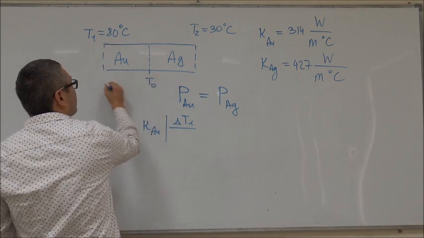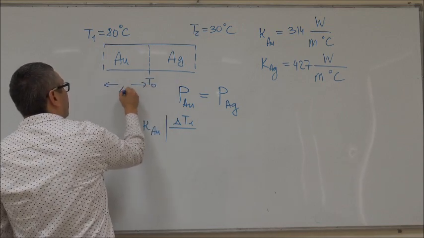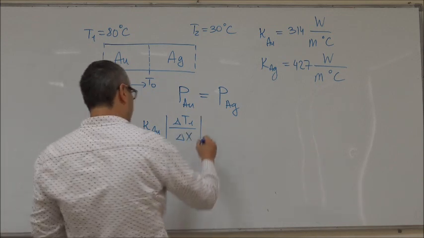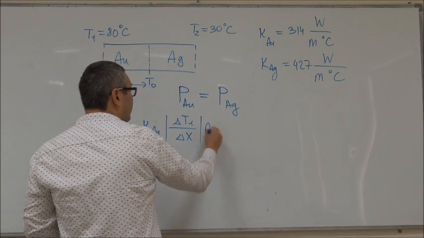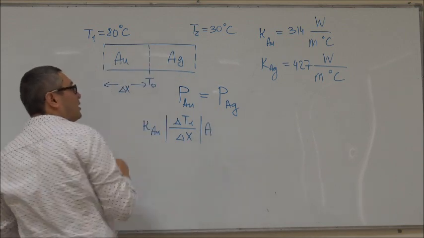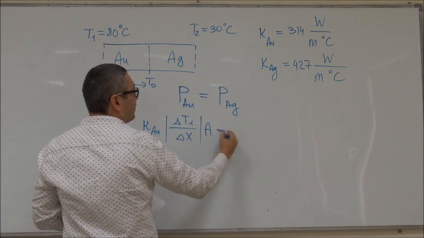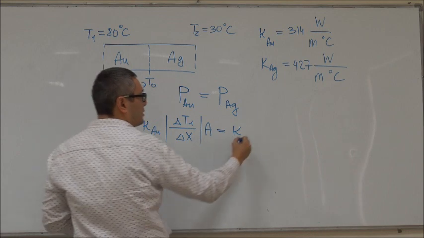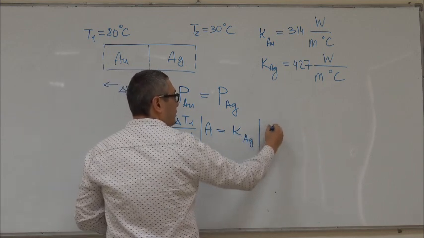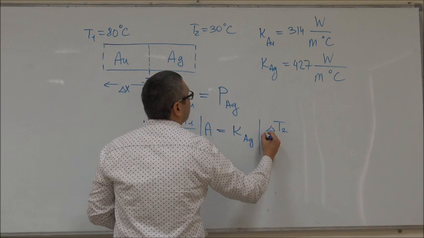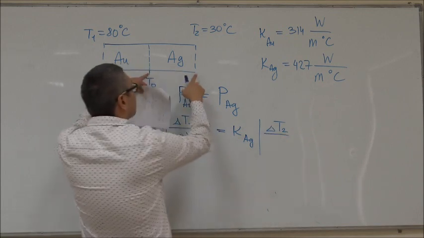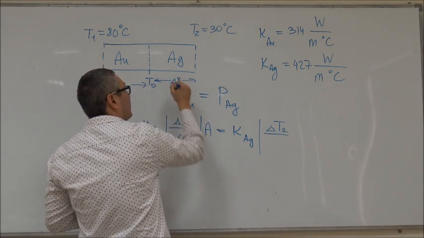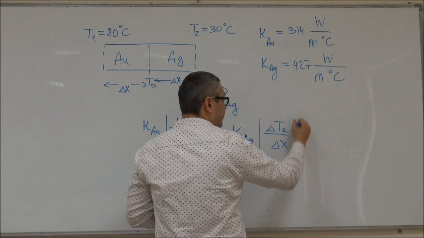So let's say that this is delta X, times the cross-sectional area, A. So the cross-sectional area of that bar is equal to A. This is then equal to the coefficient of heat conduction for silver times the change in temperature, delta T2, and this distance is also delta X, it's the same. The cross-sectional area is also the same.